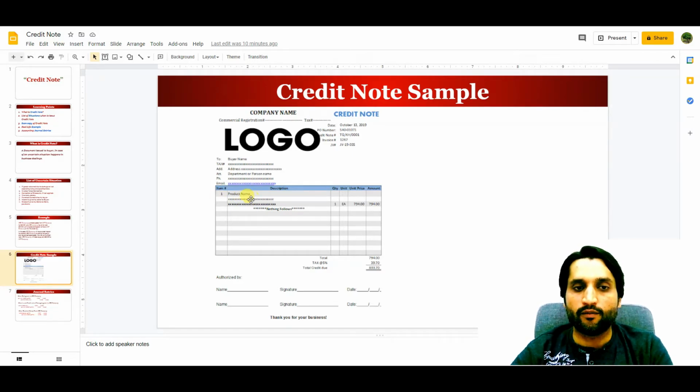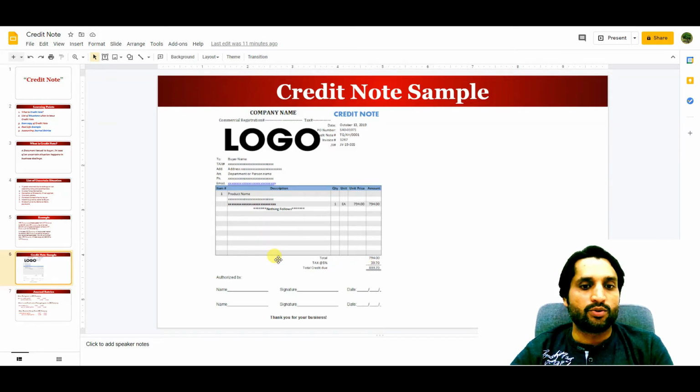The product name will come here, complete product detail, quantity, how much quantity was damaged, with the unit price and the amount. So the total amount, taxes, and the total credit due will be this much. This amount will be credited to the buyer in our books, and the buyer will debit this amount in his books.